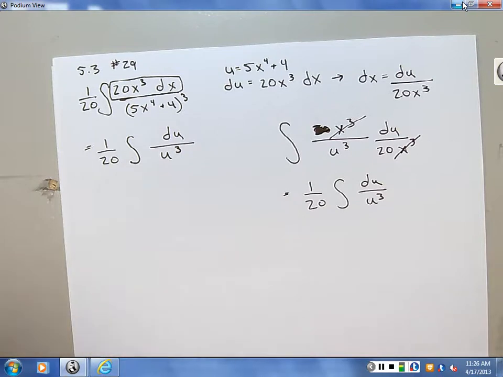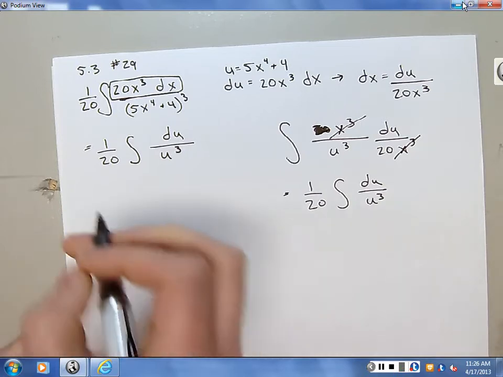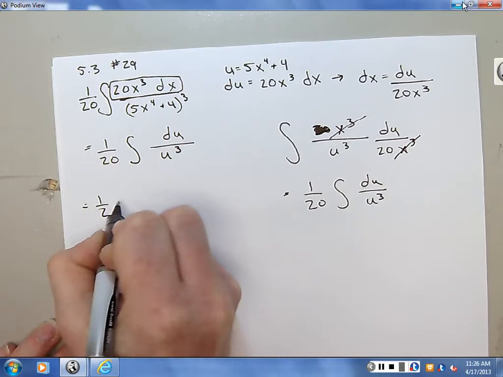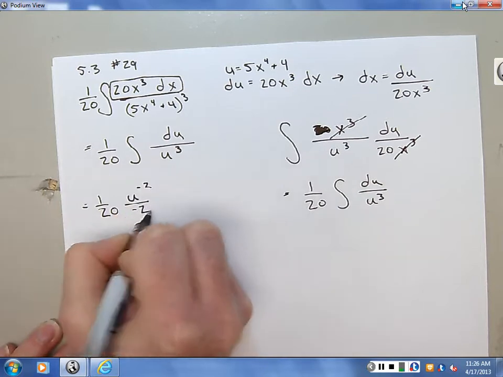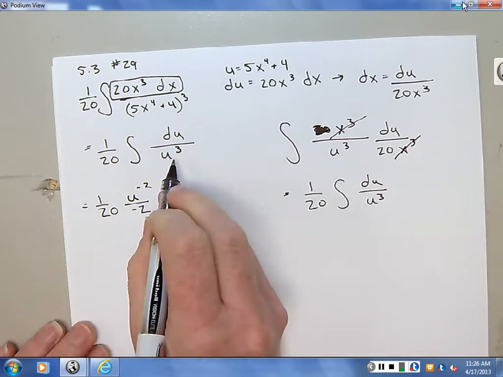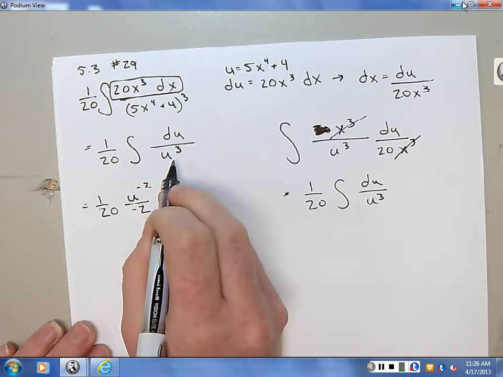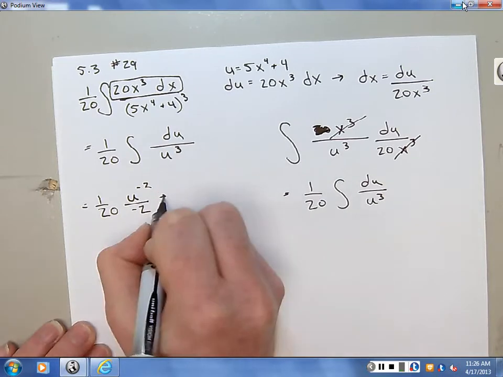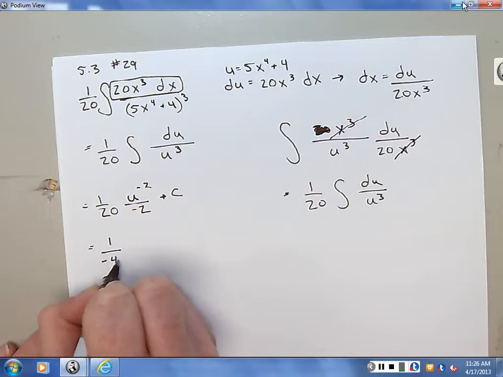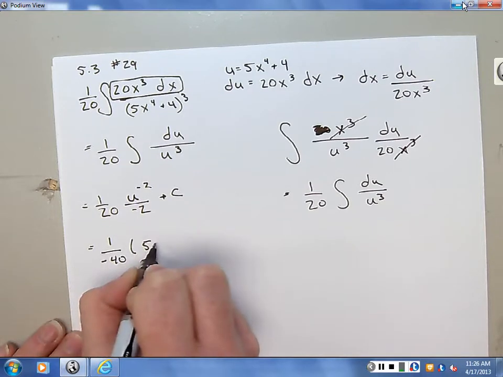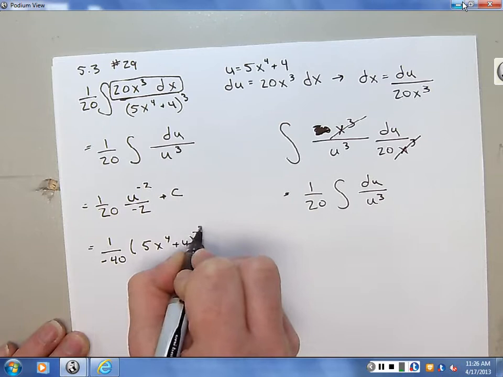So what's the integral of 1 over u cubed? U to the minus 2 over minus 2, right? Because I could write this as u to the minus 3. U to the minus 3 plus 1 is minus 2, plus c. So I have 1 over minus 40, 5x to the 4th plus 4 to the minus 2 plus c.